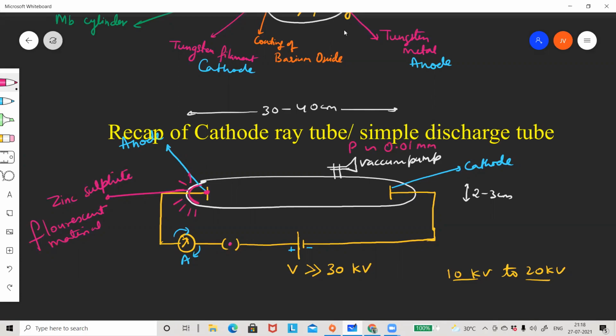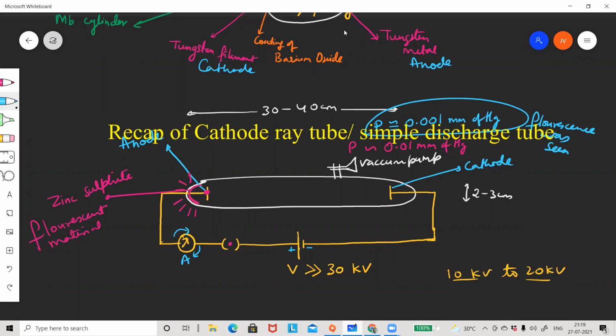0.01 millimeter of mercury and more, no fluorescence was seen. But when the pressure was reduced to approximately 0.001 millimeter of mercury and below, but not a complete vacuum obviously, then the fluorescence was seen.